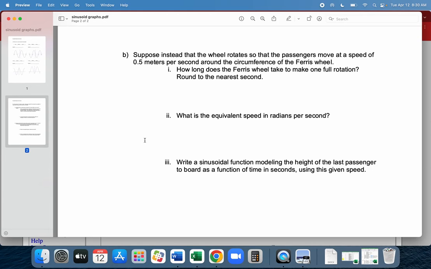If I wanted to know what is the speed in radians per second? Speed in meters per second is 0.5 meter per second, which leads to taking approximately 201 seconds to go all the way around. So if I want radians per second, what computation can I do?